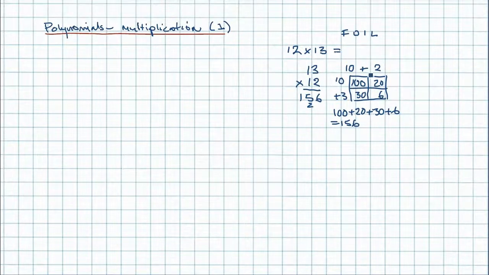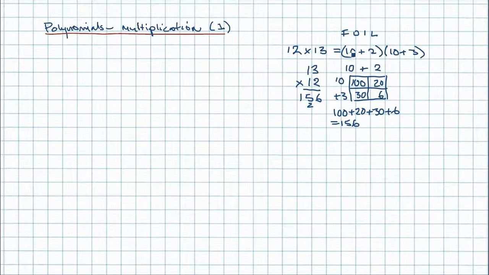F-O-I-L, and that involved us splitting these again up into binomials. So 12 times 13 became 10 plus 2, just like in the grid method, but we put parentheses around these, and then we've got 10 plus 3. Okay? So really, these are just shorthand for these expansions here.